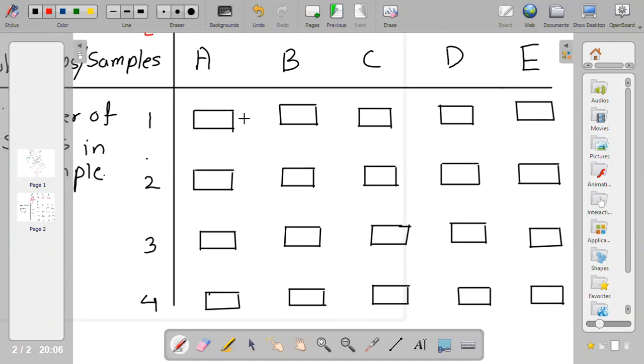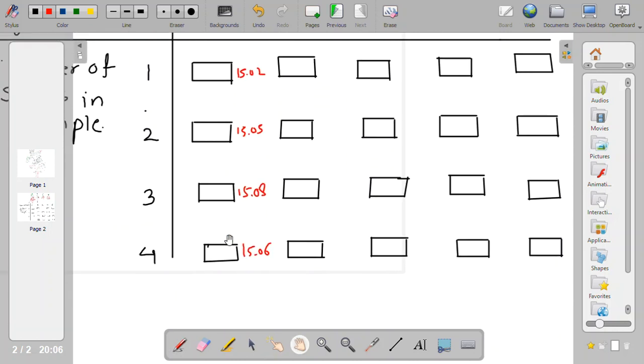X bar I already explained to you. Suppose this diameter I consider as 15.02, 15.05, 15.08, 15.06. In the x bar chart what I'll do is add all these values, x1, x2, x3, x4.